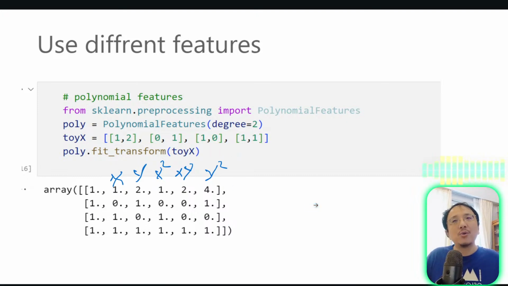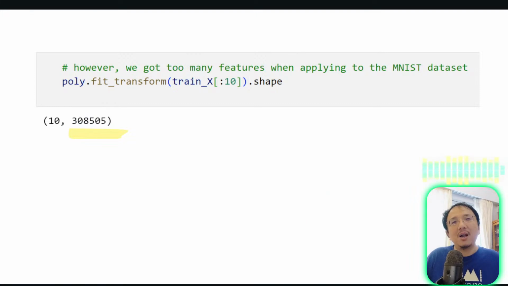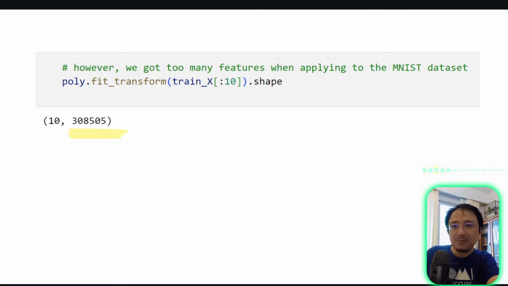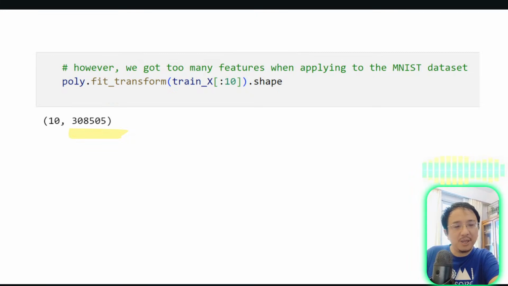What if we are using a polynomial feature? The first thing we observe is that it is kind of impossible because we have too many features. Although polynomial feature is kind of intuitive and sounds sort of elementary, and is possibly what we should do as the first step, the fact is their usage is sort of limited.